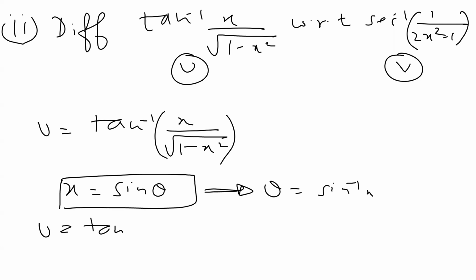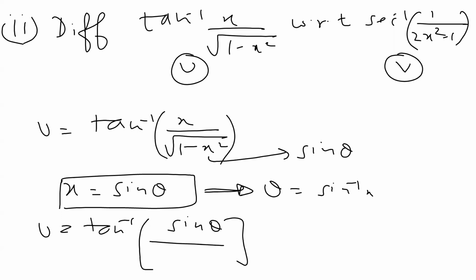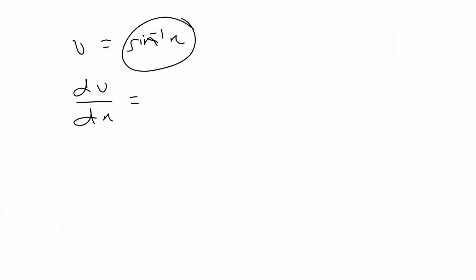So u is equal to tan inverse of sine theta upon, if x is sine theta over here, 1 minus sine square, root is cos. So tan inverse of tan theta, which is theta. So u is equal to theta. So u is equal to sine inverse x. So du by dx, derivative of this, 1 upon root 1 minus x square.